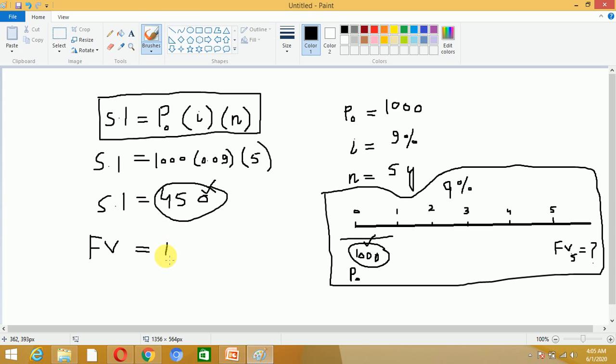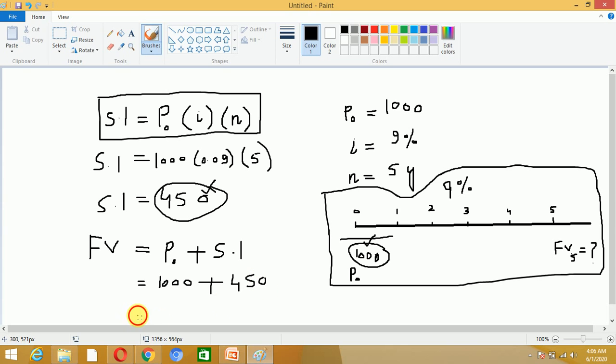So what will be the formula for future value? P naught plus simple interest. So how much money we deposited? We deposit 1000 plus what was the amount of interest? Simple interest, that was 450.